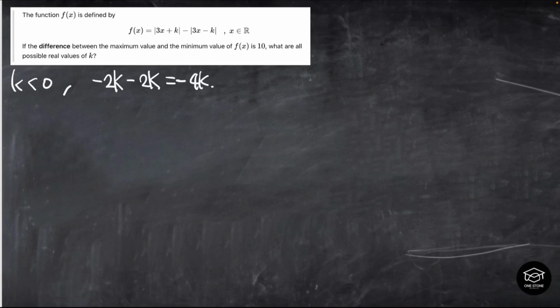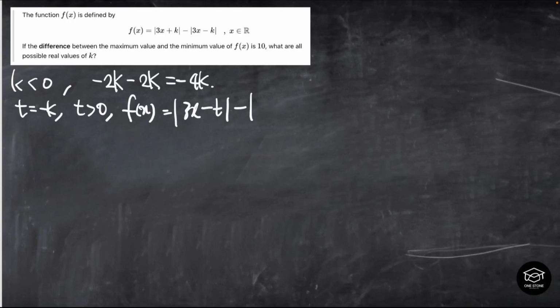To make it easier, let's define t as negative k. Then t is a positive number. The function now becomes the absolute value of 3x minus t minus the absolute value of 3x plus t. Let a equal 3x minus t and b equal 3x plus t.